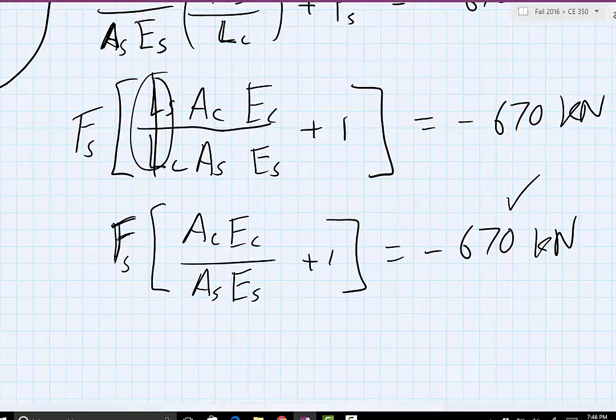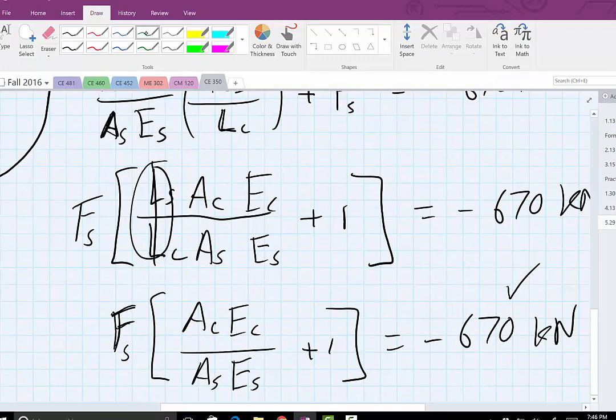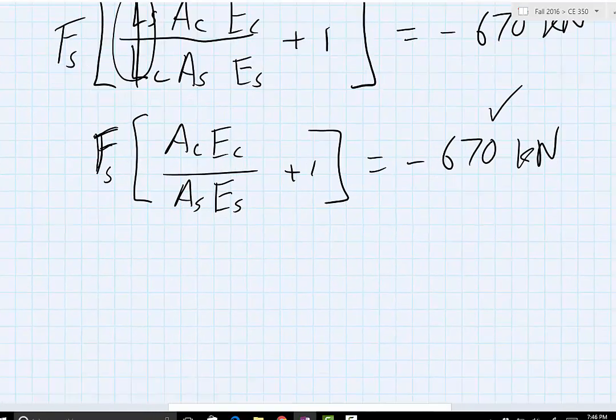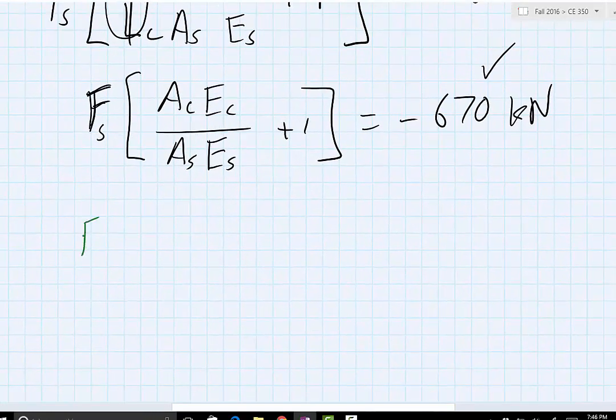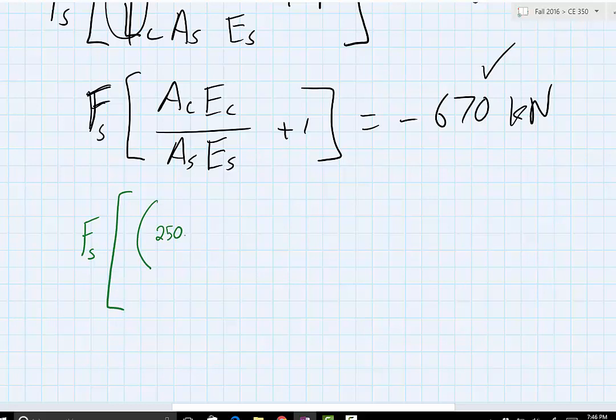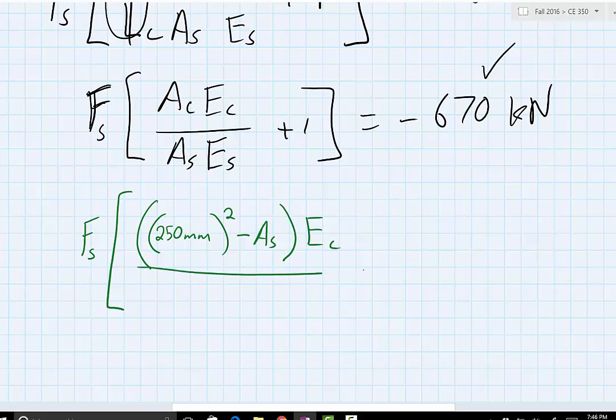So I'll rewrite this again. We'll use a different color so we're doing something new. We will say f sub s multiplied to, on the right, 250 millimeters squared, minus a sub s, multiplied to the modulus of elasticity of concrete. Notice I put two parentheses here.